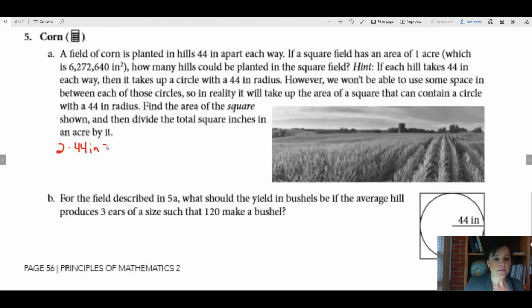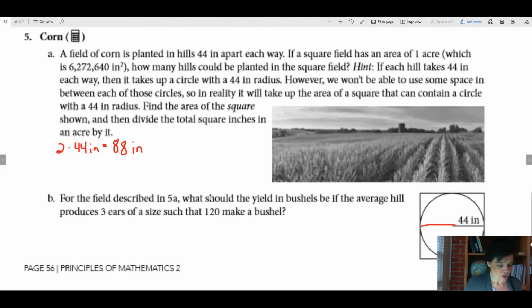Therefore, that's going to be 88 inches. Okay, I think that's what that's talking about.